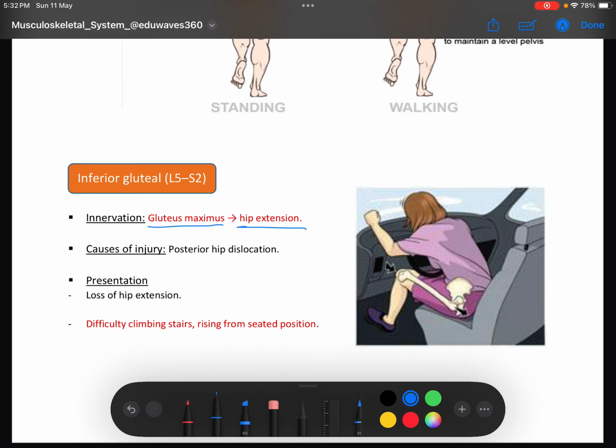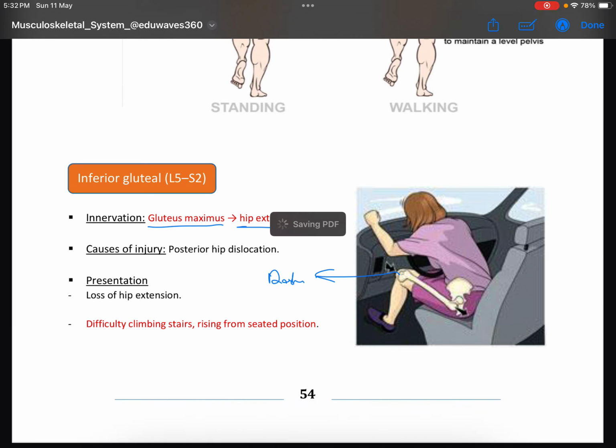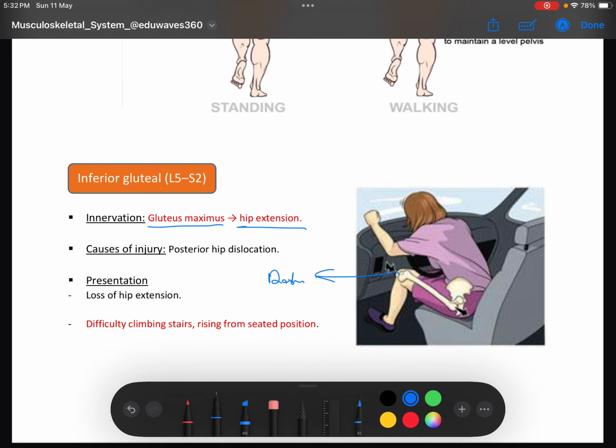If any person got a dashboard injury, like in a car accident, at that time you can see this type of inferior gluteal nerve lesion. Okay, and the presentation will be loss of hip extension and difficulty with climbing stairs and rising from the seated position. Okay, so these are the things about the inferior gluteal nerve.